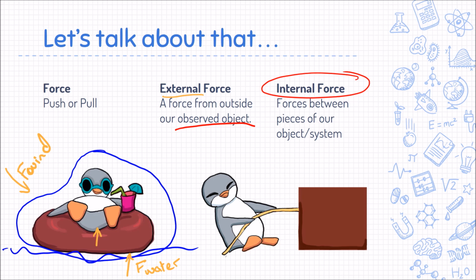force of the wind blowing on Sigmund and the inner tube. What if we're observing Sigmund pulling a box with a rope? Most of the time, we just use the box as our system. So our external forces in this case would be the force from the rope. Notice I did not say the force of Sigmund pulling on the box.